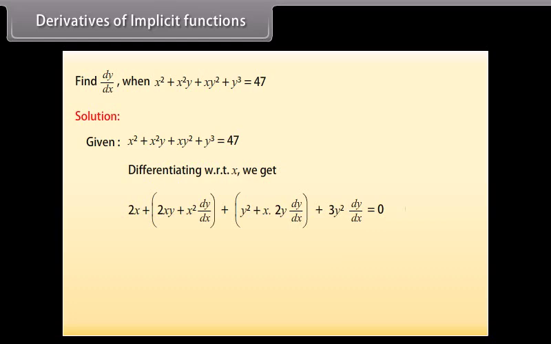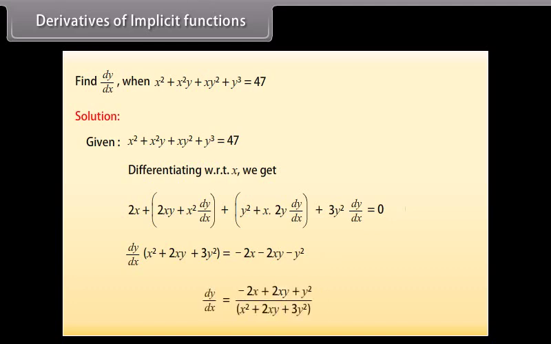Transfer the terms without dy by dx to the right-hand side and taking common dy by dx from the left-hand side, we get dy by dx into x square plus 2 into x into y plus 3 into y square is equal to minus 2 into x minus 2 into x into y minus y square.